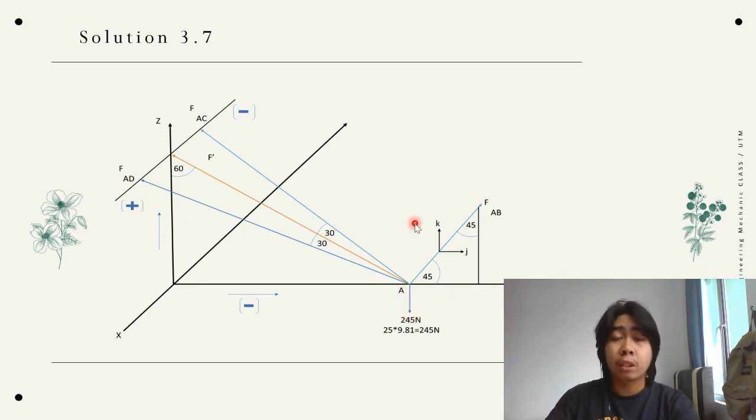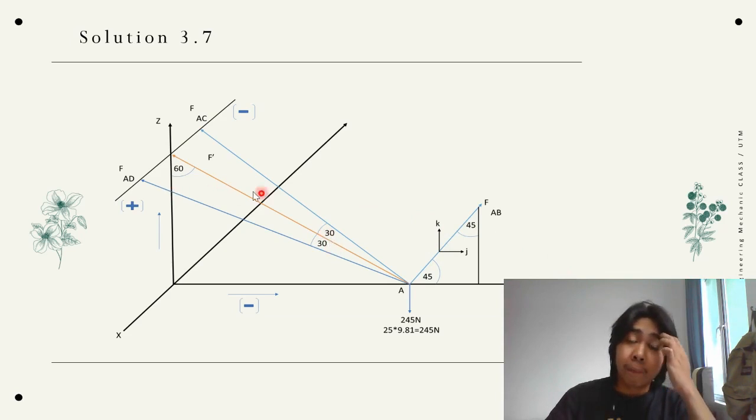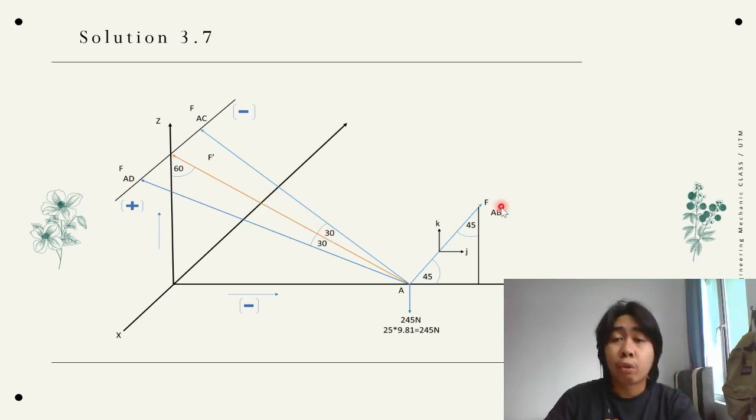There are three angles given in this diagram: 45 degrees, 30 degrees, and 60 degrees. One is for force AB, which is 45 degrees. Force AB forms an isosceles triangle, meaning if this is 45 degrees, then this is also 45 degrees, and this is 90 degrees.